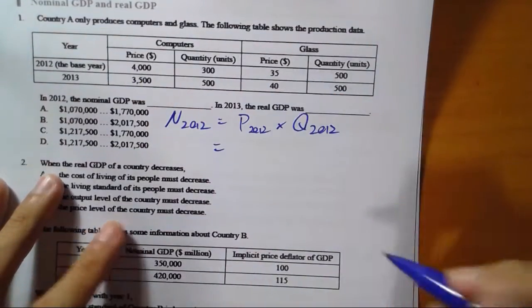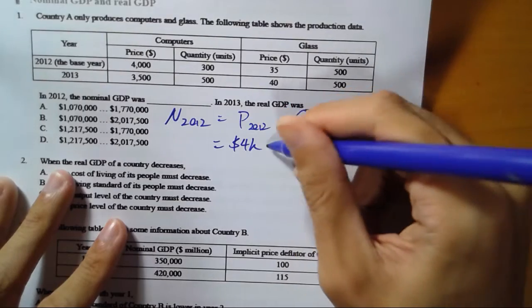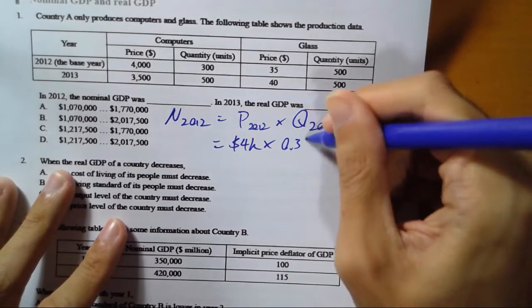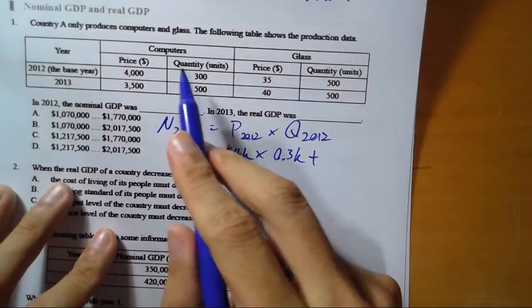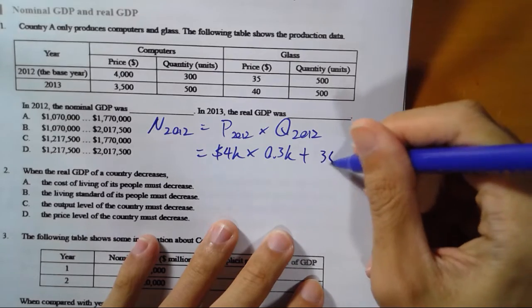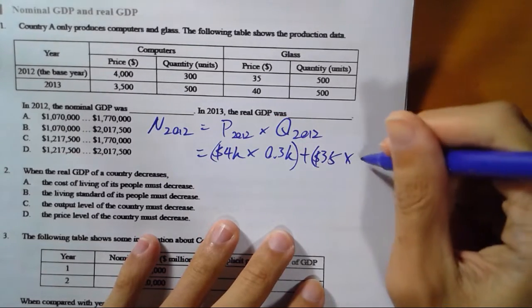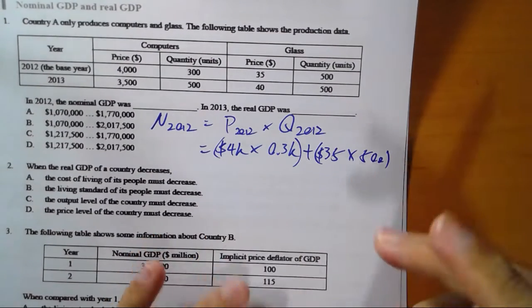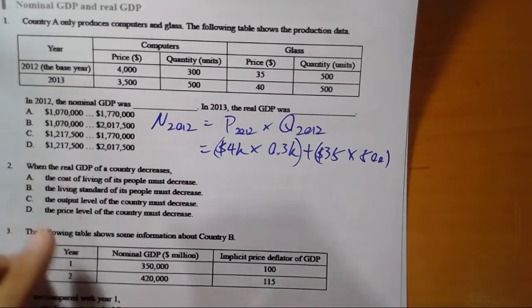In our case here, it would be like this: 4K times 0.3K, plus, because we have computer and then we have glass, 35 times 500. Now because of time limitation, I don't want to waste everyone's time.